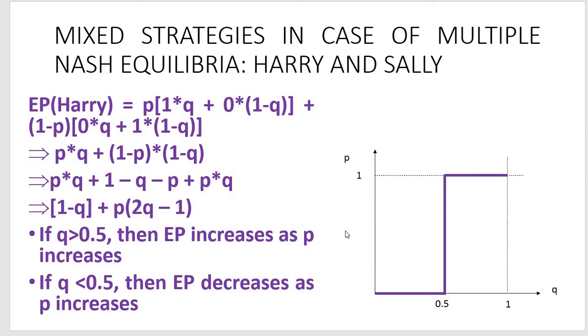Analogously, if Q exceeds 0.5, then an increase in P will be associated with an increase in expected payoff for Harry, so he should keep P as high as possible. You can also apply ordinary human logic to analyze this case. If the probability that Sally will go to Starbucks is lower than some critical value, then Harry should not go to Starbucks either.